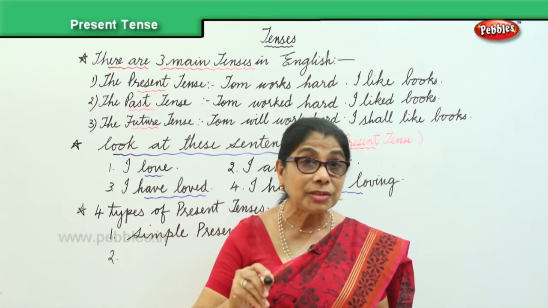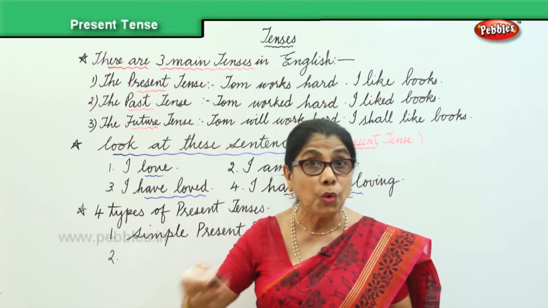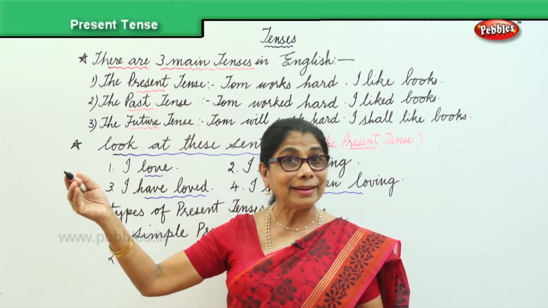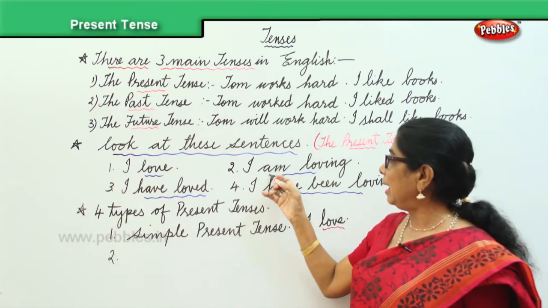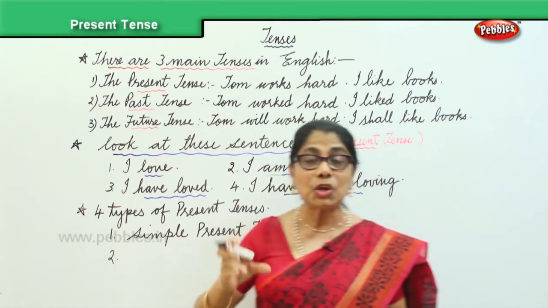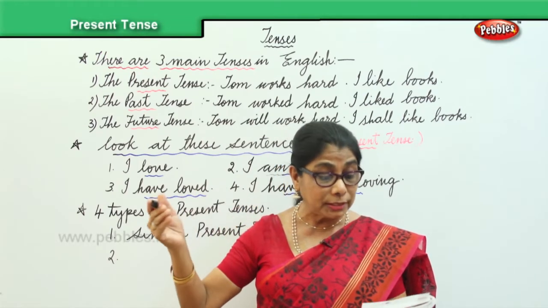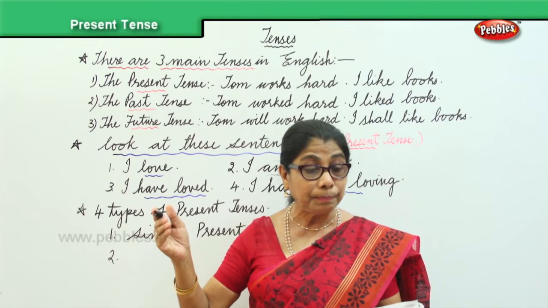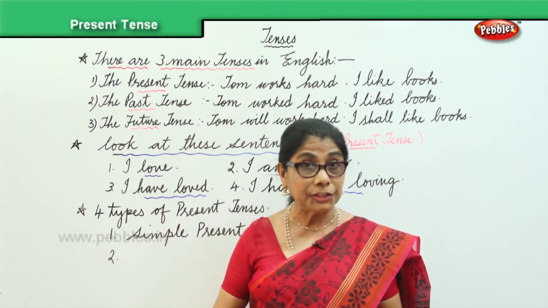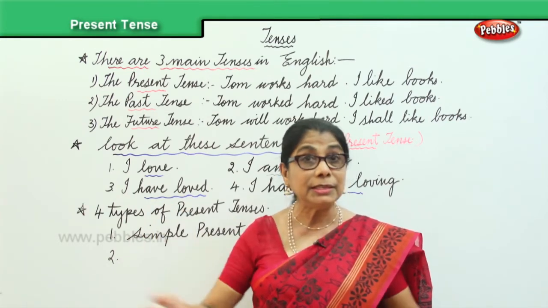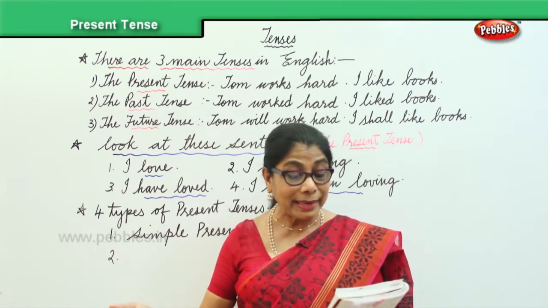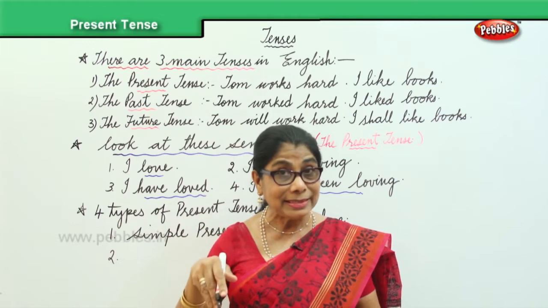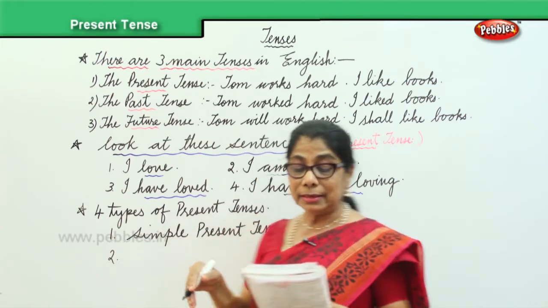It shows the action is still going on, continuing. The verb am loving doesn't stop. It is going on. It is continuing. The action is also incomplete, unfinished, imperfect, continuous. And hence the verb is said to be in the present continuous tense.